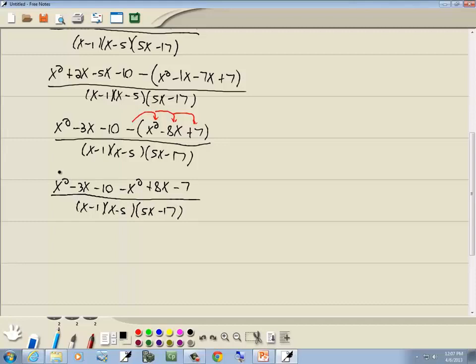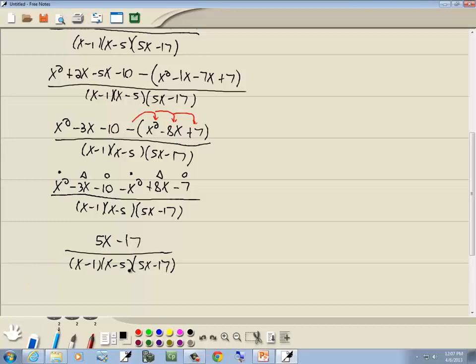Combine together like terms. X squared minus x squared cancels. Negative 3x plus 8x is 5x. And negative 10 and negative 7 gives us negative 17. Now our third step is to factor the top, factor the bottom.